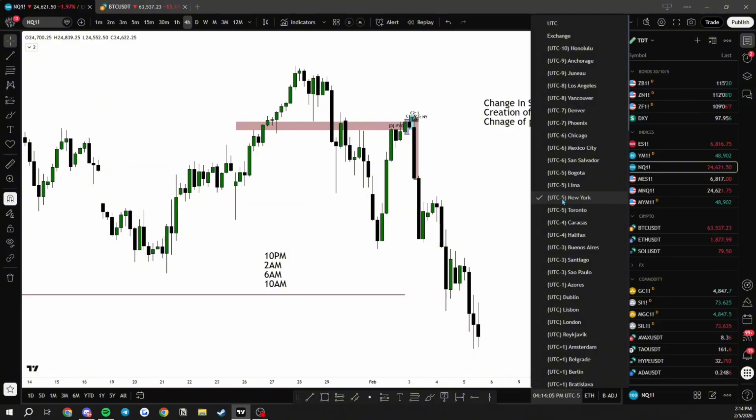But the reason I have it based on UTC -5 New York is so that whenever we talk about time zones or kill zones or anything like that, we all need to be on the same page, okay? No, not UTC -7, UTC -5, New York local time, right? That's what you want to set your chart to, even if it's not your time zone.